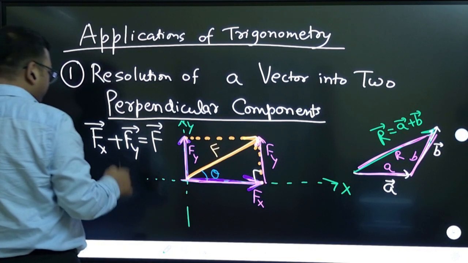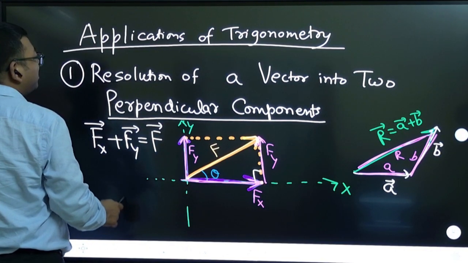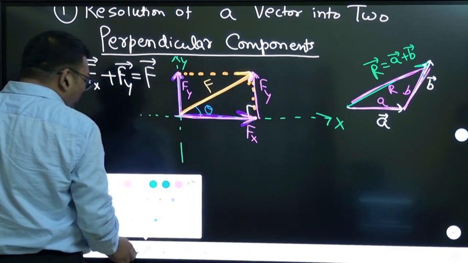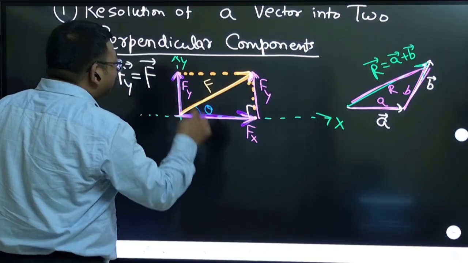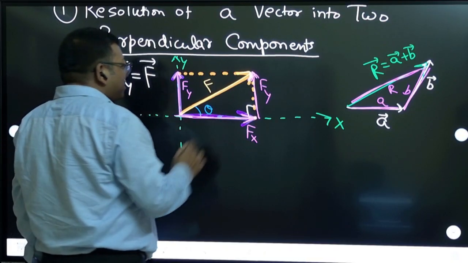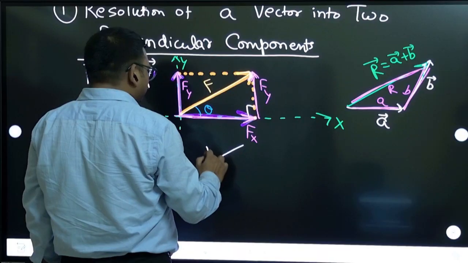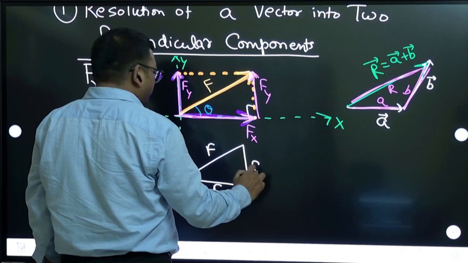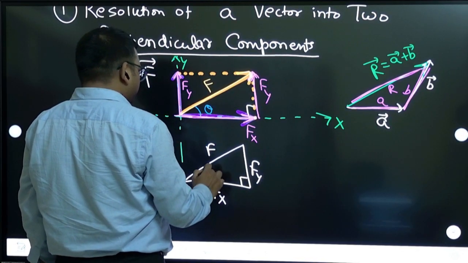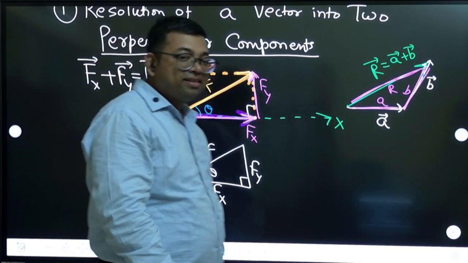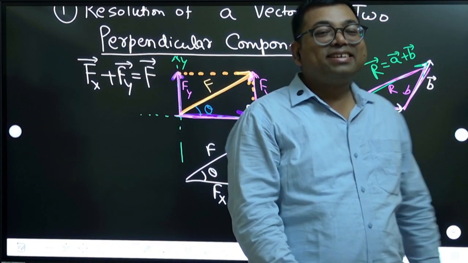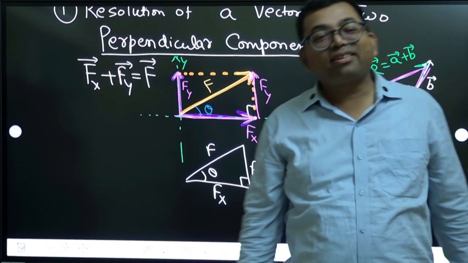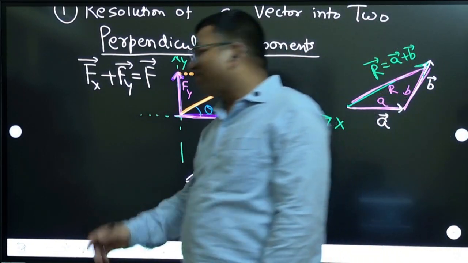Okay, right? So why are we seeing trigonometry? This is vector, right? But no, it is trigonometry, not vector, because see here, this line is F, this line is Fx, this line is Fy, this is 90 degrees. Isn't it a right triangle? Can we not apply sine and cos?